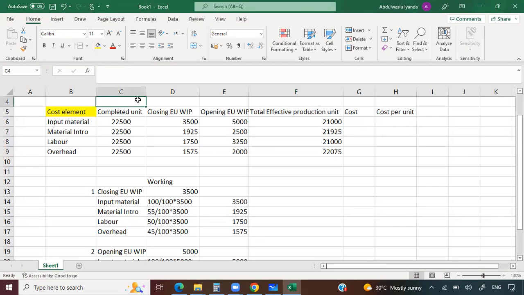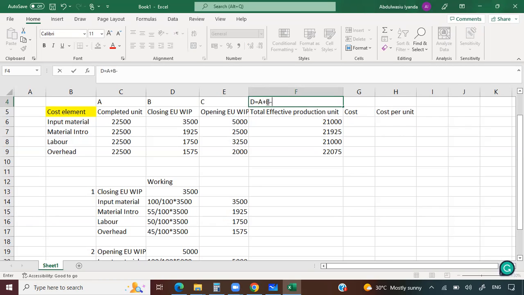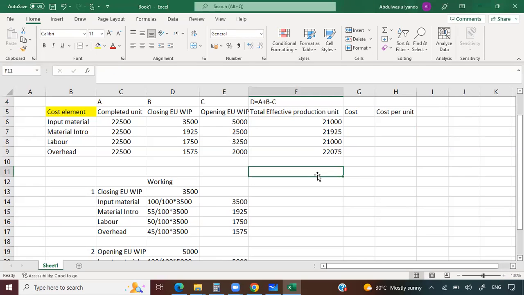So let me say this is A, this is B, and this is C. Let me now say D equals A plus B minus C. That is how we get the total effective units.